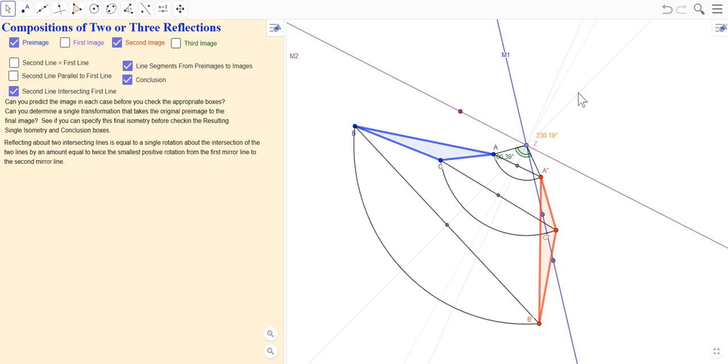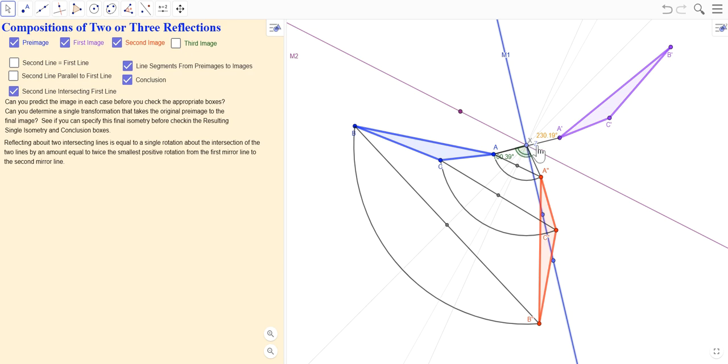By definition, when we do this first image from here to here, the perpendicular bisector of this, well, let's put it this way. This point that's on this first mirror line goes through the midpoint of the line segment from A to A prime. So A and A prime are equally distant from X.